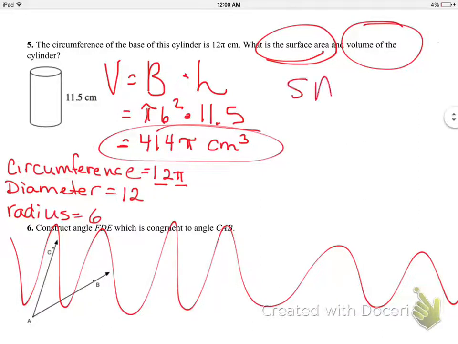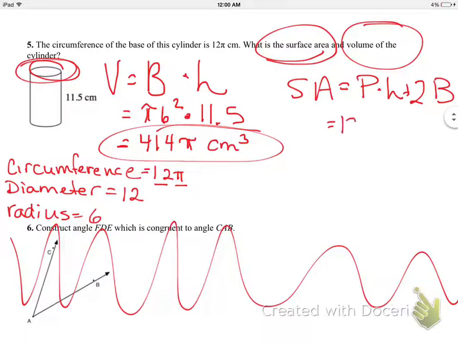My surface area is, again, the perimeter of the base times the height, plus 2 times the area of the base. The perimeter of my base is, since this is a circle, the circumference. The circumference for this one is 12 pi. My height is still 11.5. Nothing's changed.